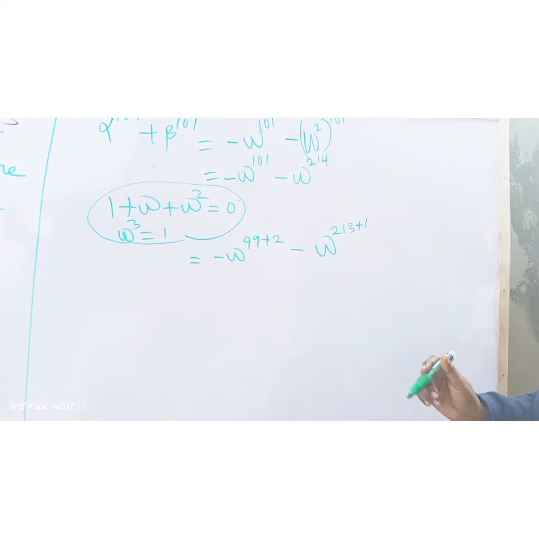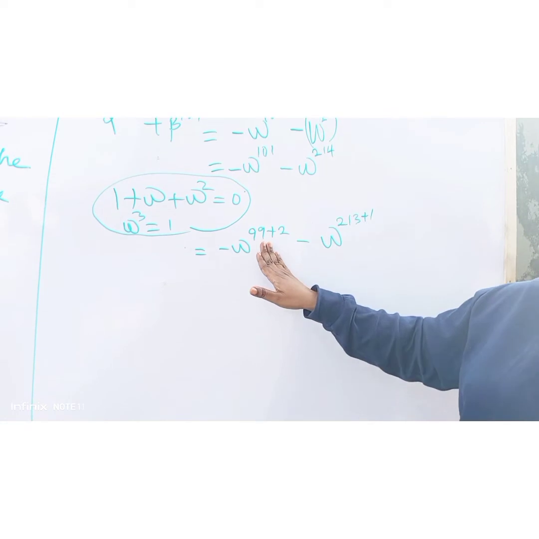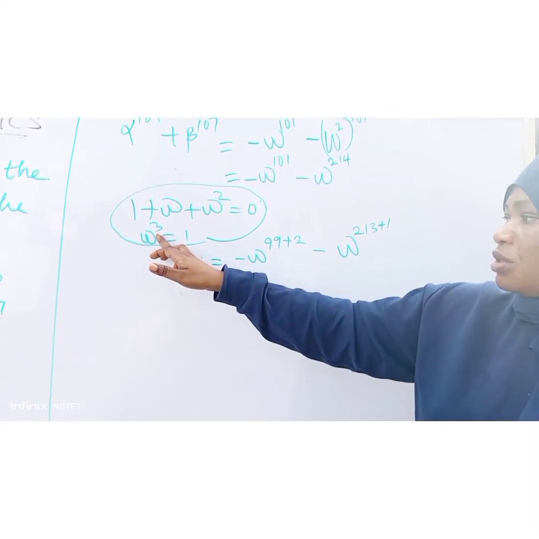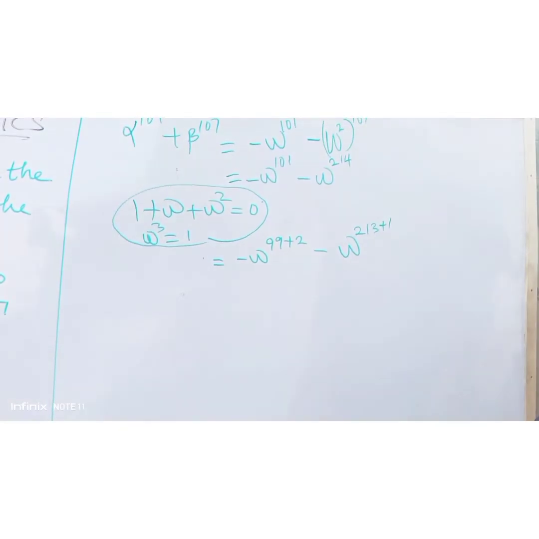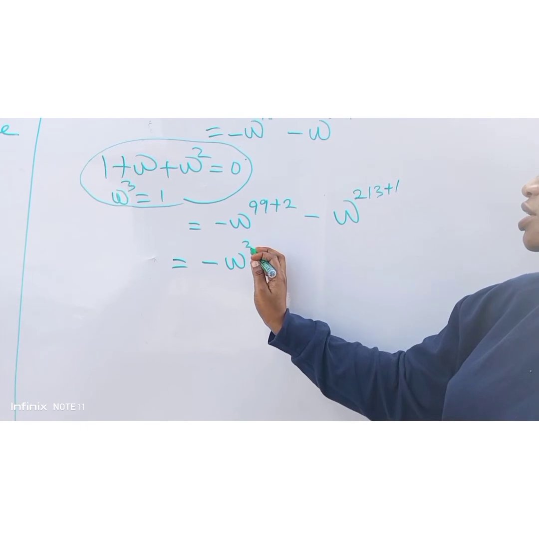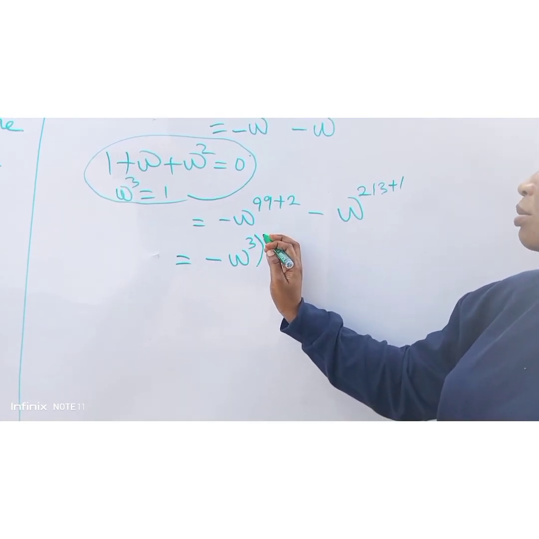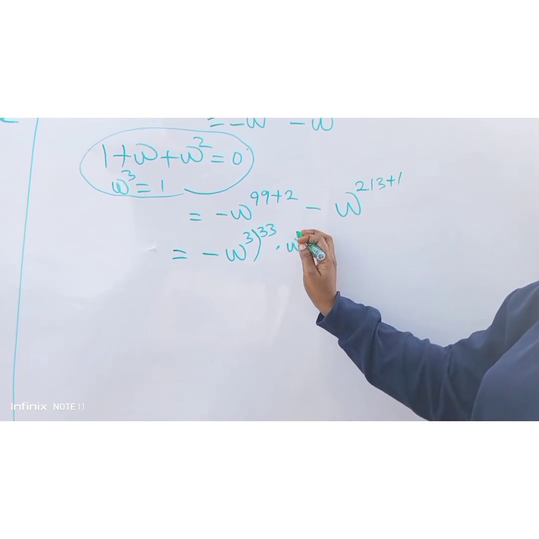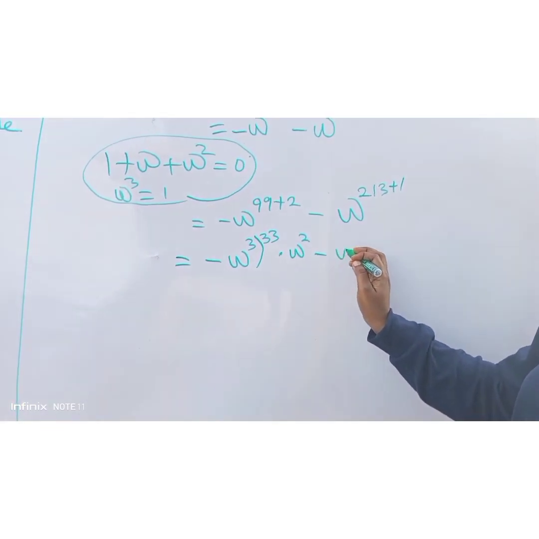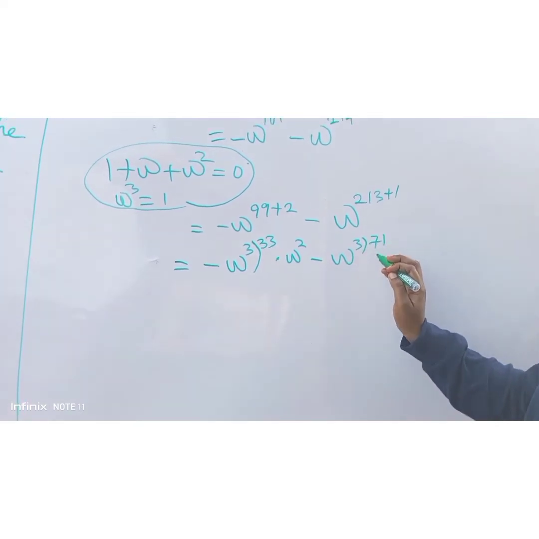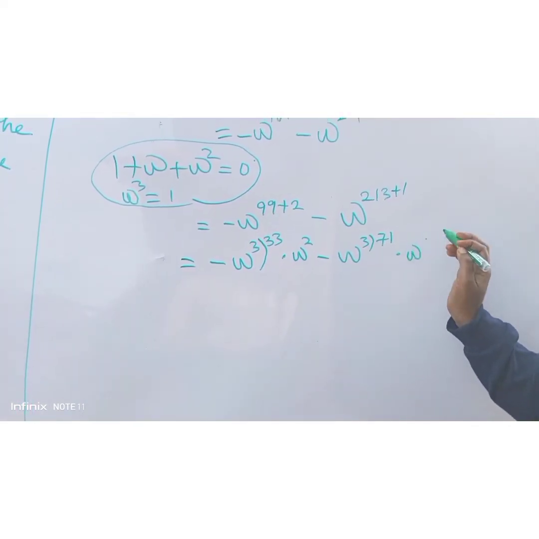Why did I do that? I want the exponent of this omega to be raised to the power 3, so that is why I did that. So it is equal to minus omega cubed, then raised to the power of 33, multiplied by omega squared, then minus omega cubed raised to the power of 71, multiplied by omega.